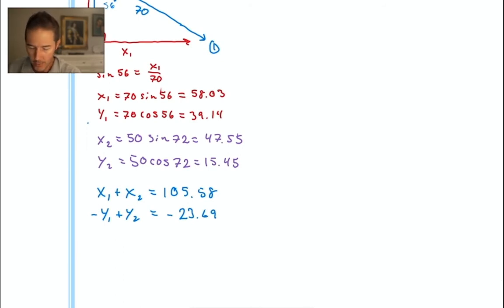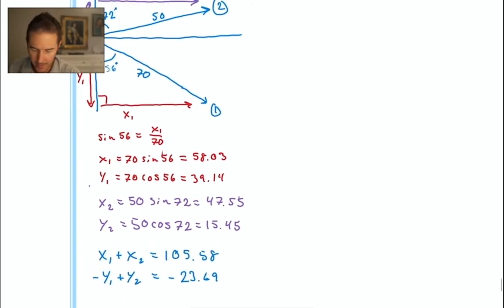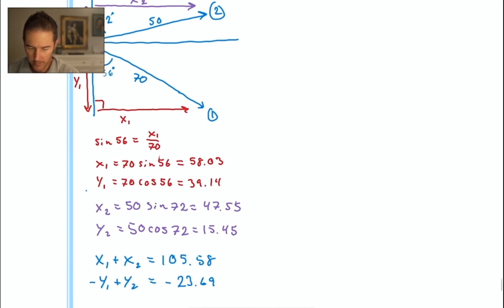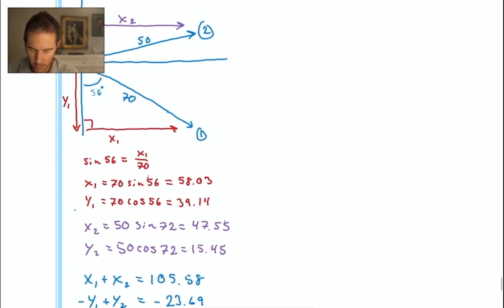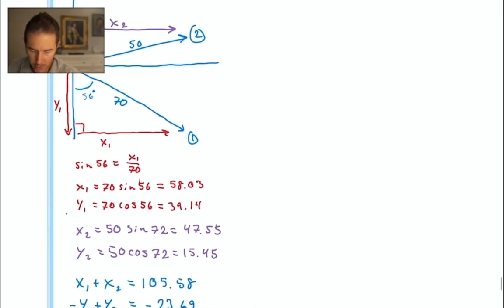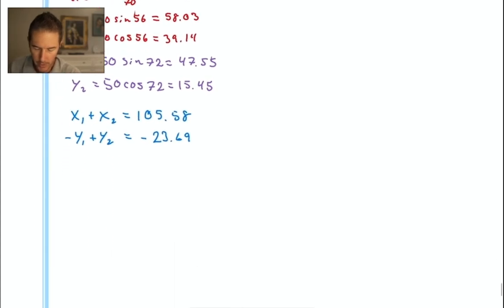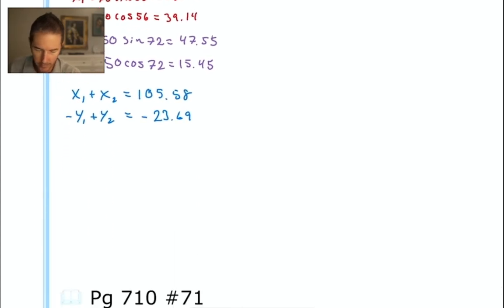Okay, if we wanted to, and it's not a bad idea, we could draw this resulting force vector. If there were room on my diagram, I think I would draw it on my diagram. I might just draw a new diagram specifically for this vector. It's pulling to the right at 105.